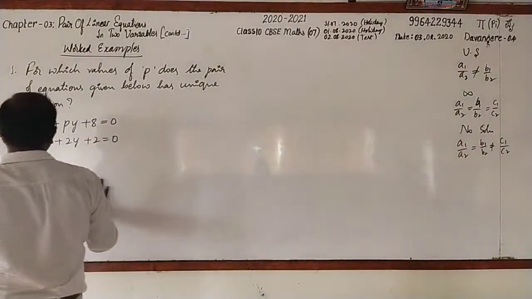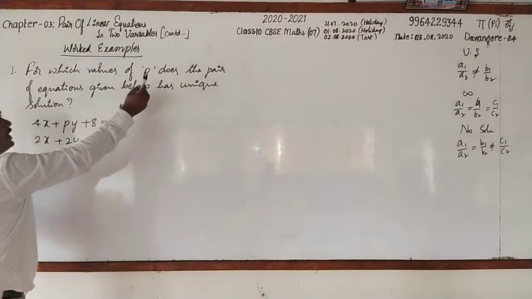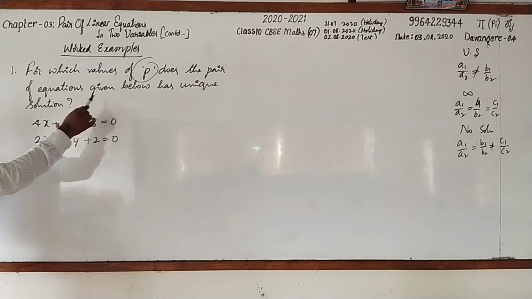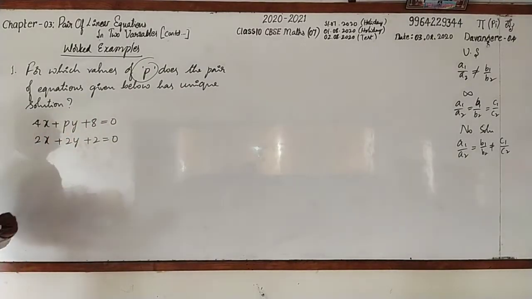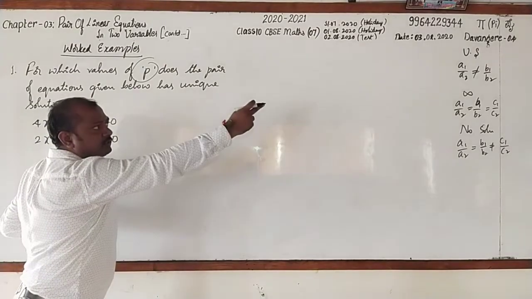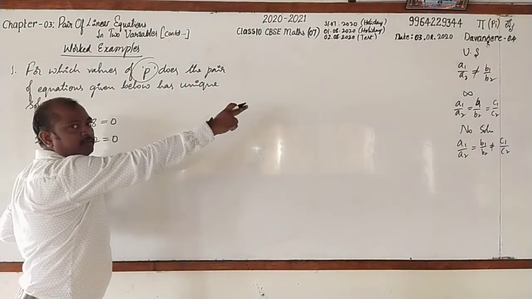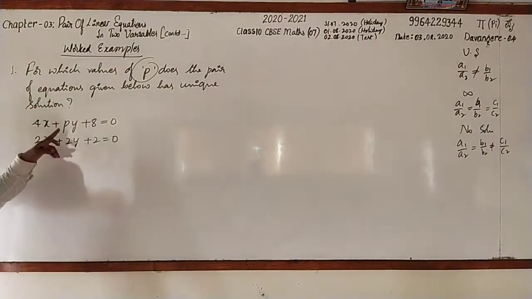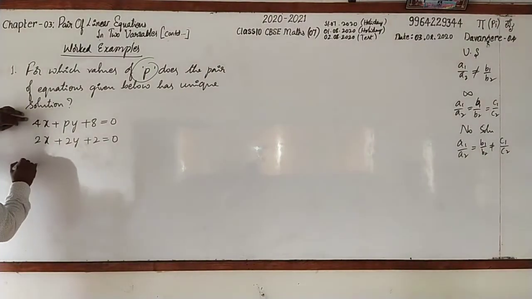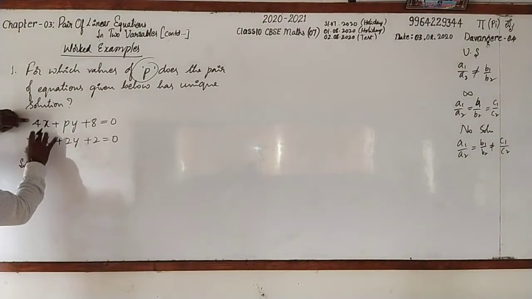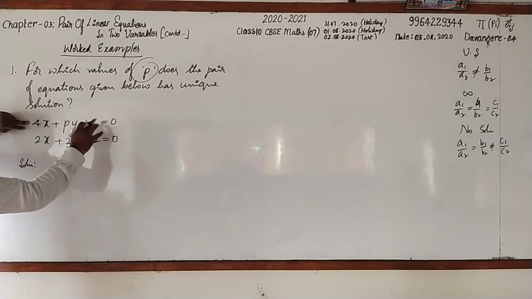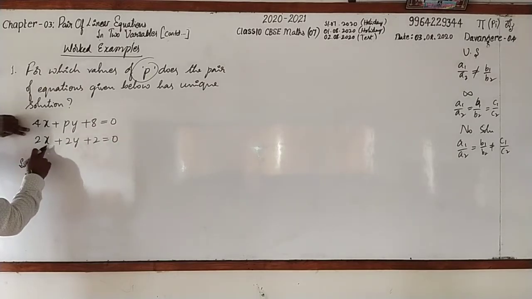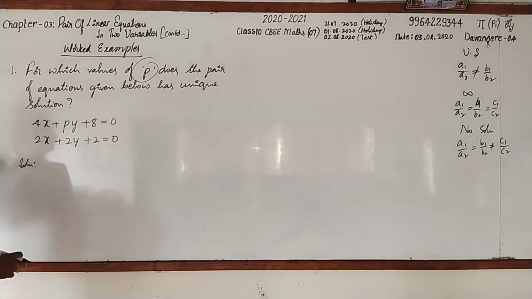Here, the question is, for which value of p does the pair of equations given below has unique solution? For unique solution, we can go for using the condition a1 by a2 is not equal to b1 by b2. Observe the equations 4x plus py plus 8 equal to 0 and 2x plus 2y plus 2 equal to 0, right?